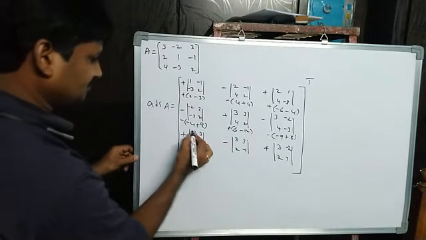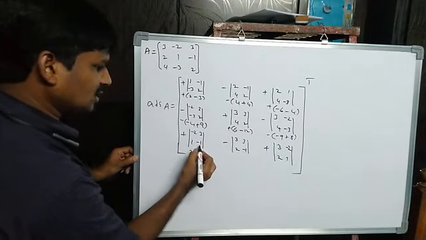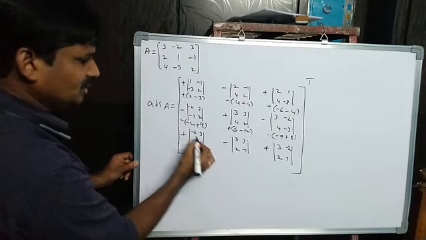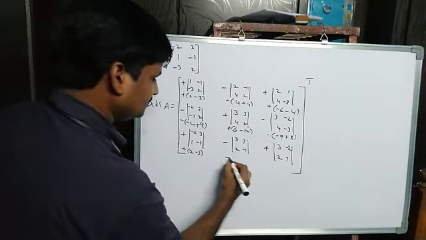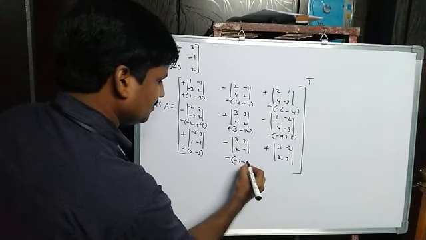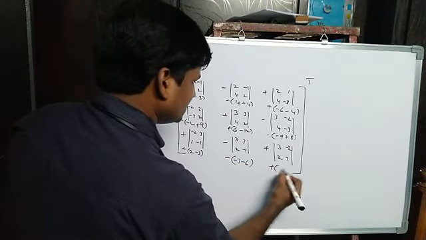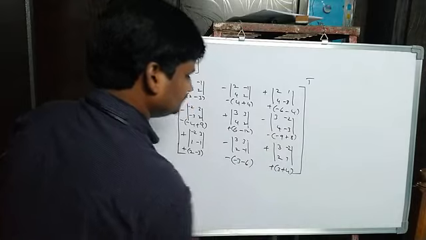Next here 2 minus 1 into minus 2, 2 minus 3, plus. It is here minus of minus 3 minus 6. Here plus of 3 plus 4.